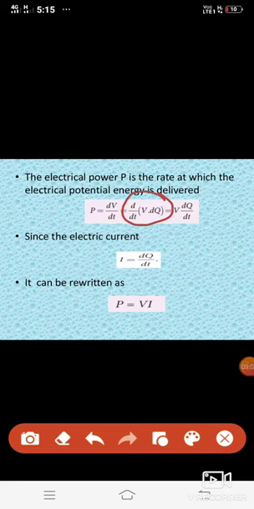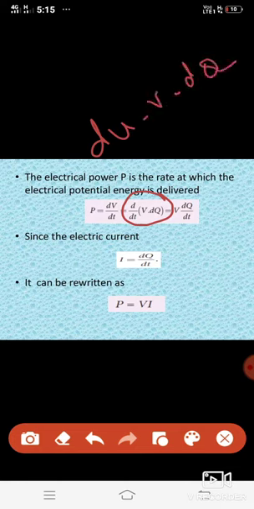What is the value of dU? dU is equal to V into dq. Substituting this in the equation, we can write P is equal to V into dq divided by dt.